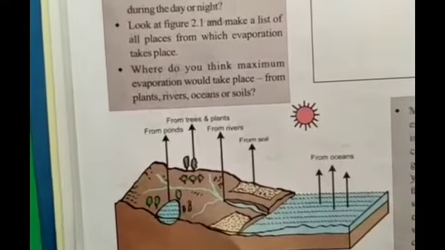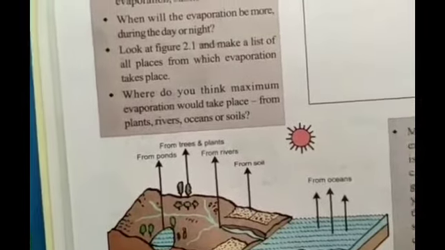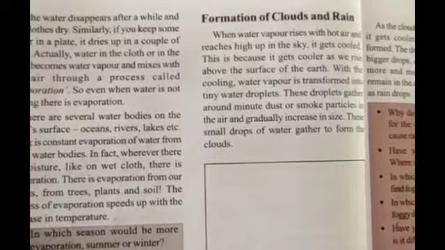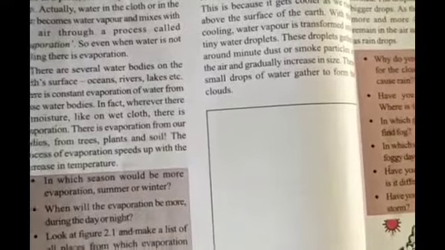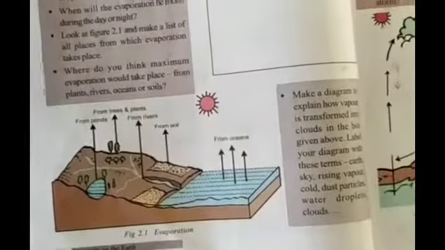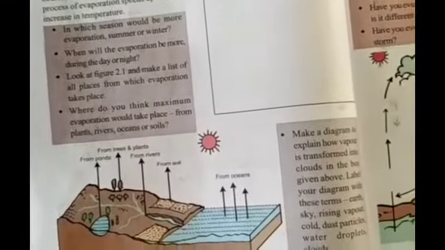With the cooling, water vapor is transformed into tiny water droplets. These droplets gather around minute dust or smoke particles in the air and gradually increase in size. These small drops of water form the clouds. So they begin to fall as raindrops.